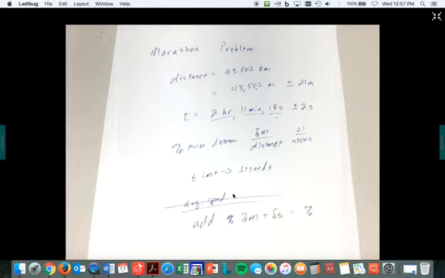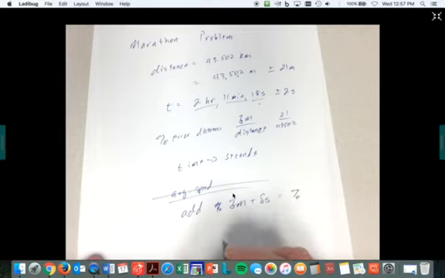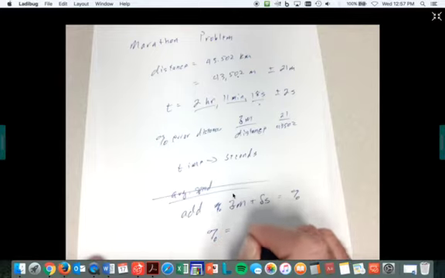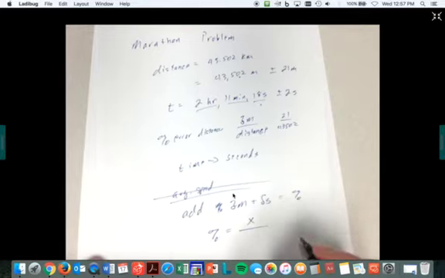Then you've got to convert that to meters per second, so that this percentage is equal to x over the meters per second that you calculated.